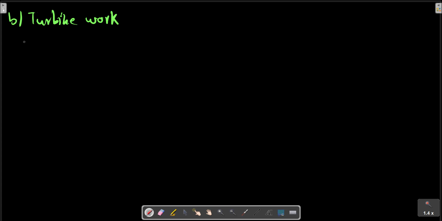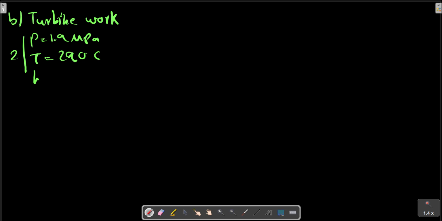For the turbine work, we should use the data for point 2, which is at a given temperature in centigrade.